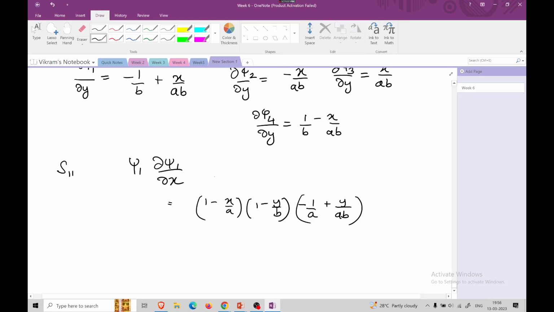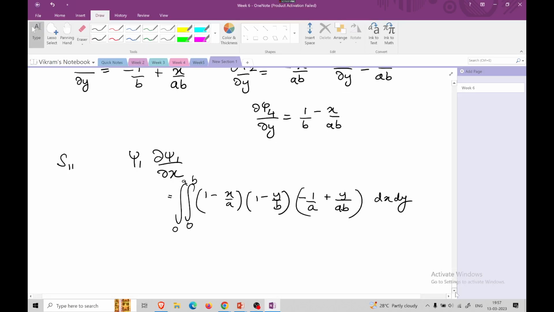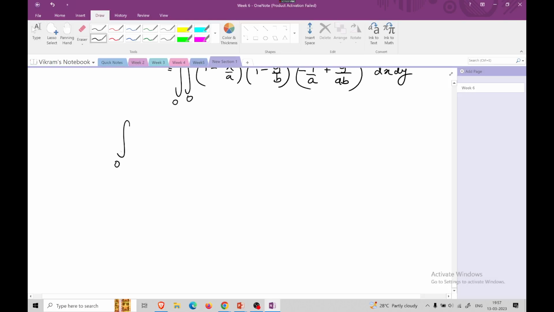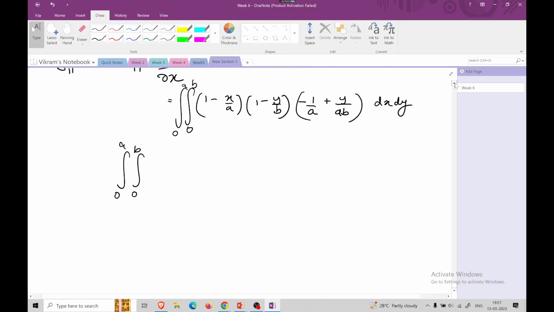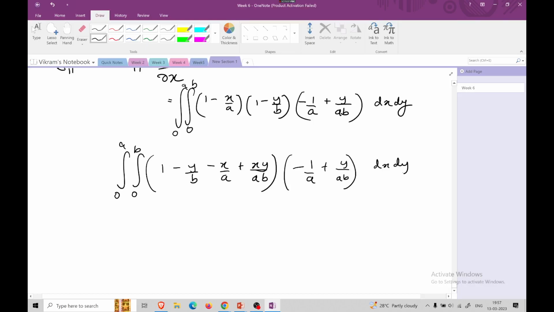So this whole thing I am going to integrate from 0 to a, 0 to b, dx dy, correct? If I integrate this, I will first expand the first two terms: 1 minus y by b minus x by a plus xy by ab, into minus 1 by a plus y by ab, integral 0 to a, dx dy.